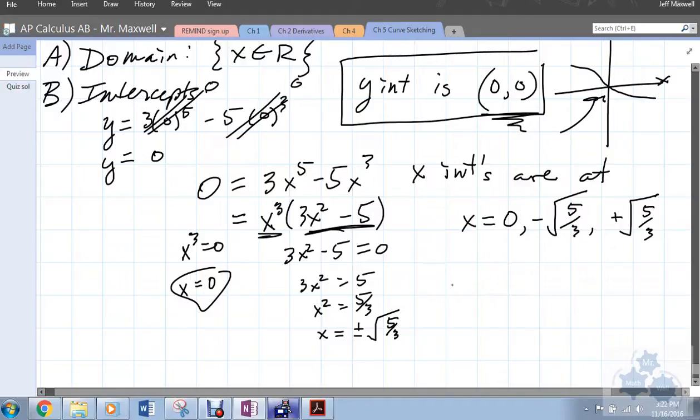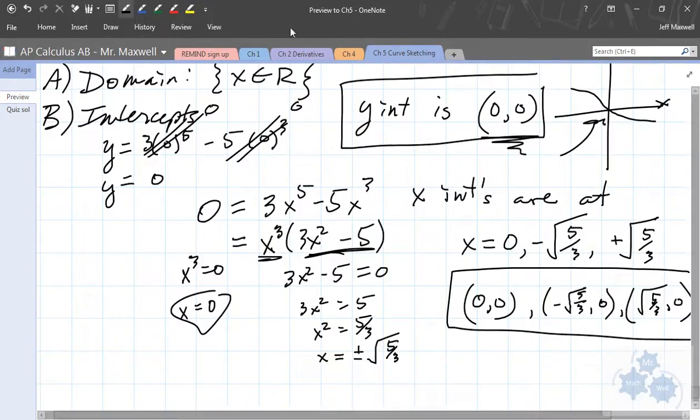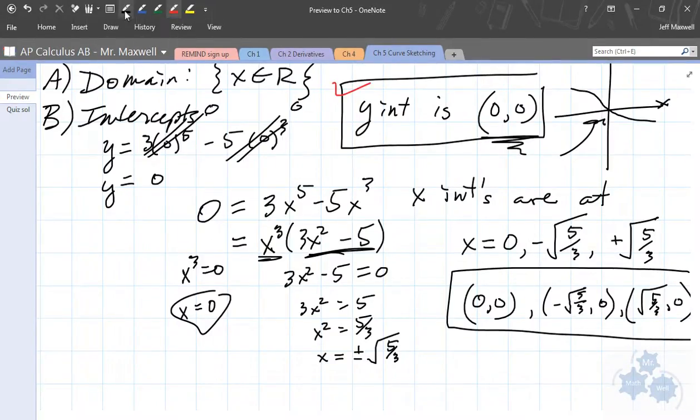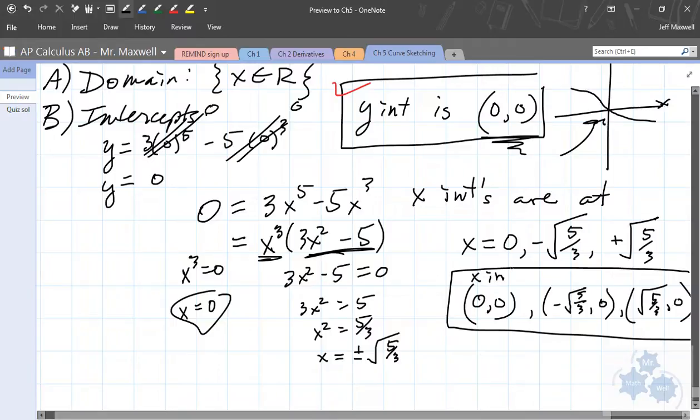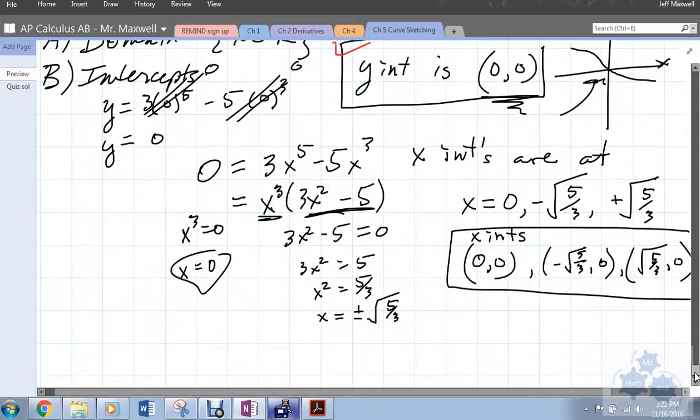And of course, as points, these are (0, 0), (negative root 5 over 3, 0), and (positive root 5 over 3, 0), because for the intercepts, the y value is 0, right? Now, I'm trying to get all of this on one screen at one time for you, so it's a bit messy. You would try and write this out so it's a bit neater, but at least please highlight your intercepts, okay? And let me know what you've uncovered here. Okay, questions, or is this good?